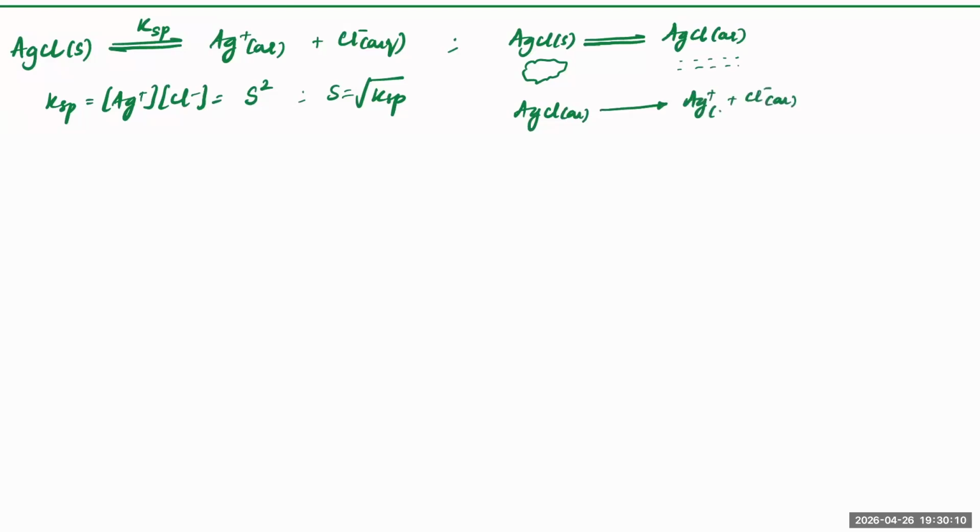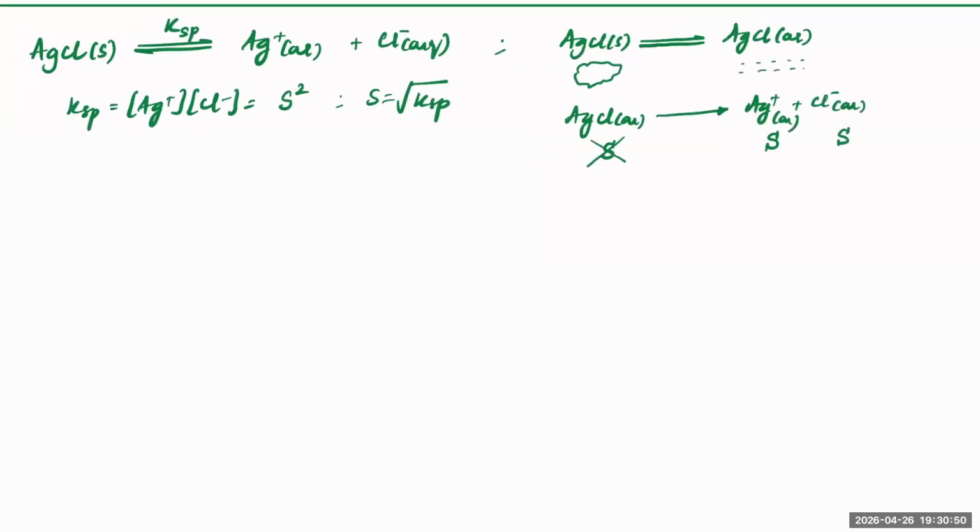Anything which is in solid form is not useful for conductivity; it is the ions which are useful. So suppose the concentration of this AgCl is S, then this entire S will dissociate, giving S and S. So the molar conductance of AgCl aqueous is the molar conductance of Ag plus and Cl minus. Is that clear?